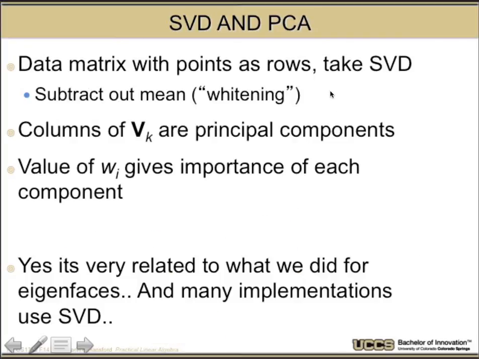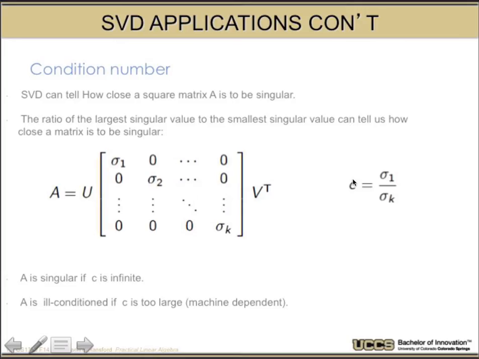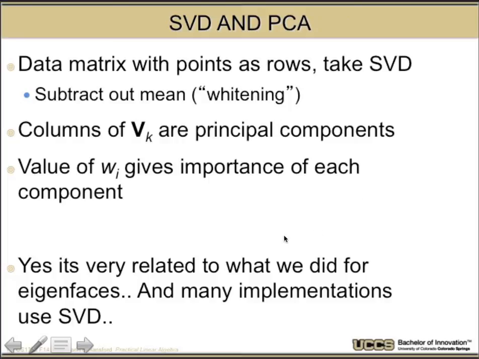First we subtract out the mean like we did for our faces, and then the columns of V_k are the principal components. And the values of W_i, or singular values, give us the importance of these. These are weights that go together, and very much related to what we did for eigenfaces. Many implementations of eigenfaces and PCA actually use SVD instead of the approach we took because it turns out to be a little bit more numerically stable.